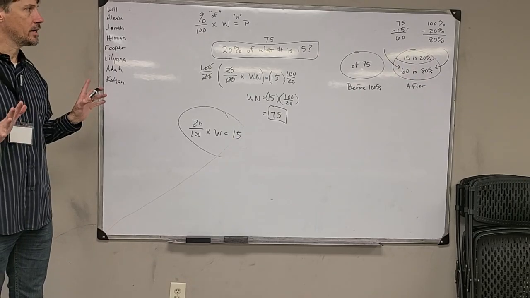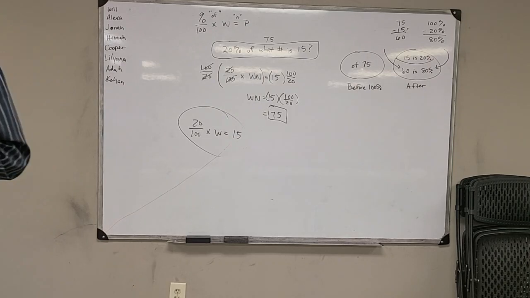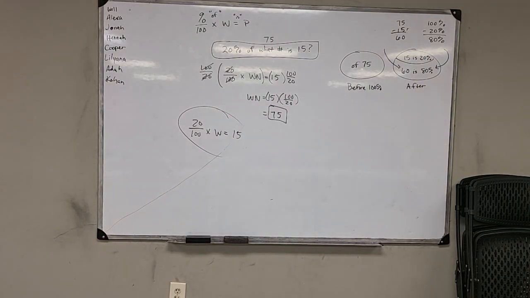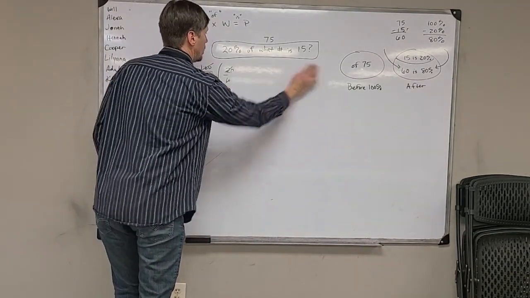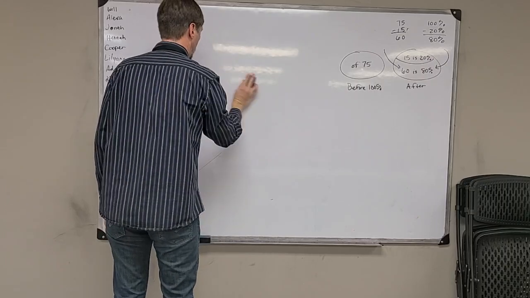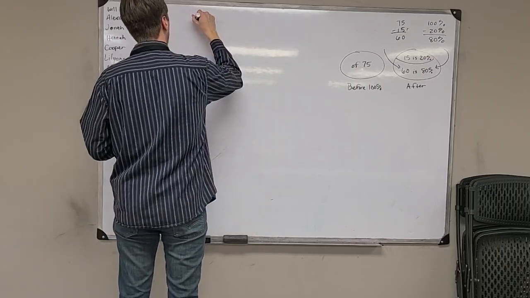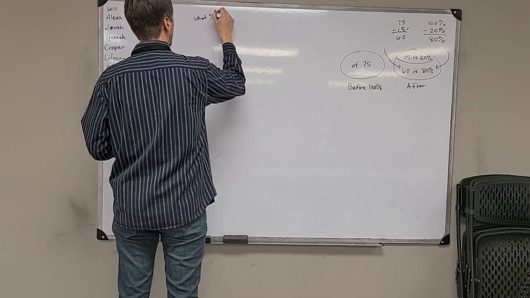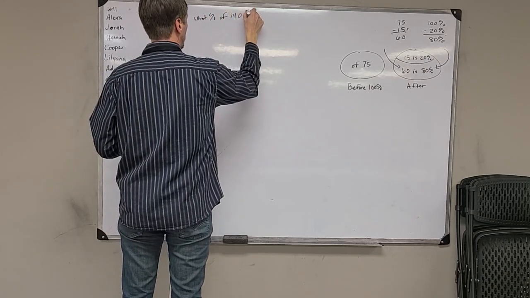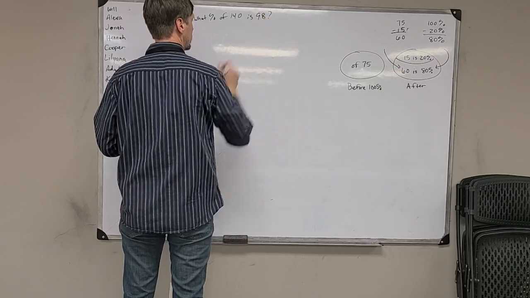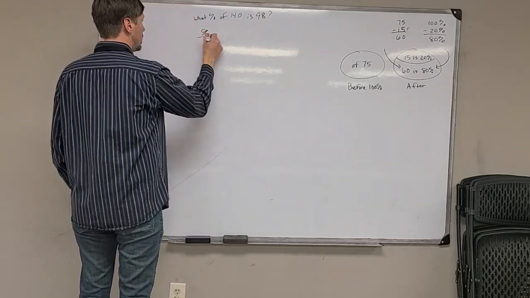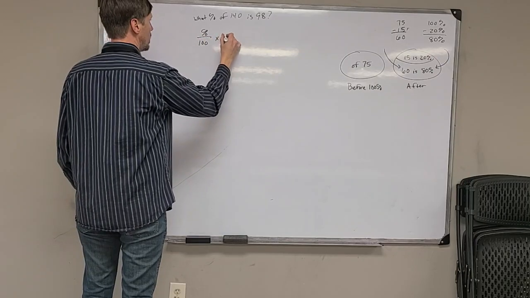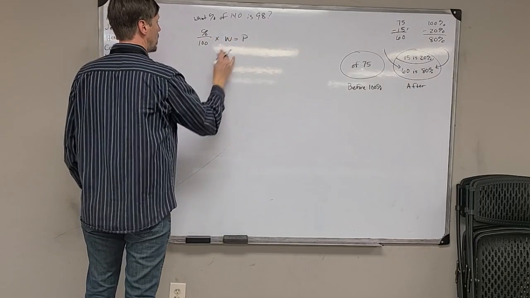All right, let's try it in a way that's asked a little differently, and see if you can do it. What percent of 140 is 98? All right, remember our formula is this: some percentage divided by 100 times a whole equals the part.